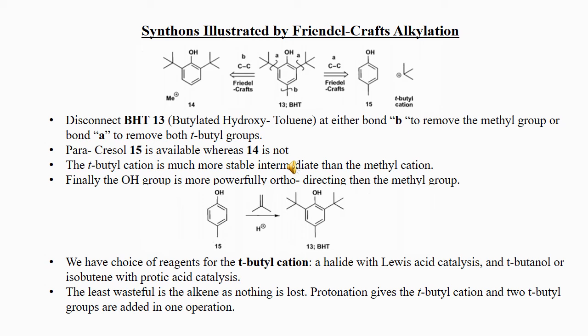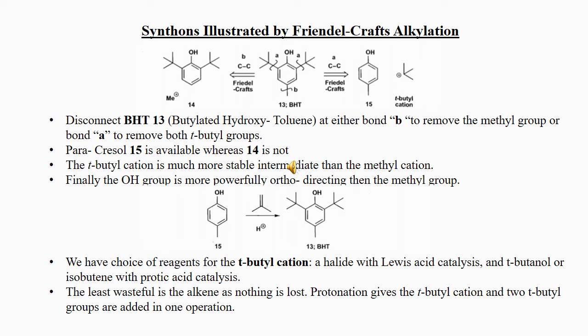So look at the synthons again. When we choose the reagents, we should think about what substrate can give us the required tertiary butyl cation. Tertiary butanol or isobutene in acidic conditions can provide the tertiary butyl cation to 15.